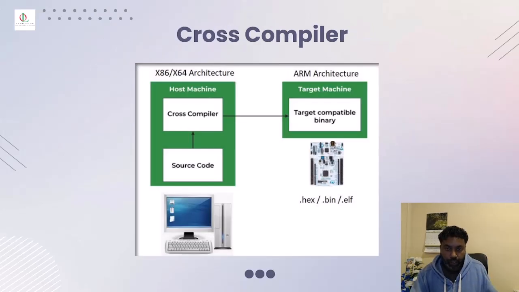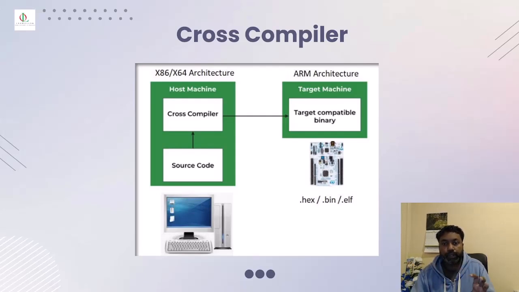And there is a concept called cross compiler. So what is actually a cross compiler? The PC generates machine code, but when compiling for the host, you can't simply transfer that to the ARM architecture. So if your PC generates code, it has to be sent to a target architecture via a programmer or IDE link.